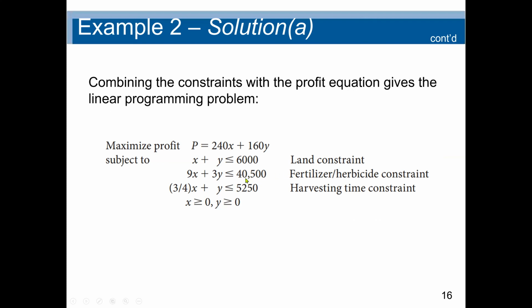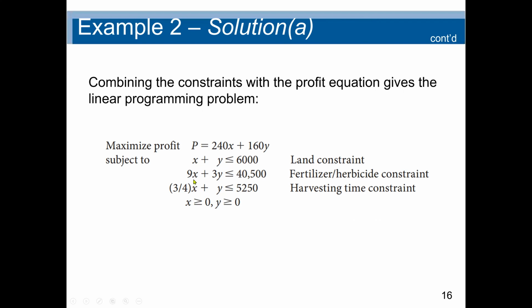The condition said 9 gallons per acre for corn, 3 gallons per acre for soybeans. If we know this, then we can solve our problem. Now we are going to follow the same steps we did for the first question. The first thing we're going to do is plot the straight line for X plus Y equal to 6,000.